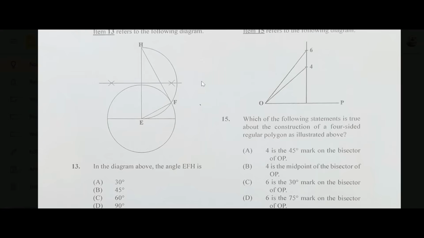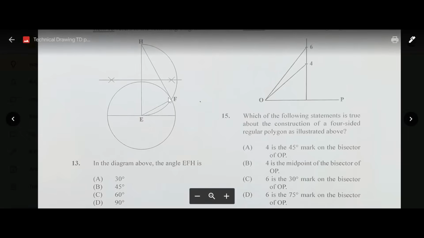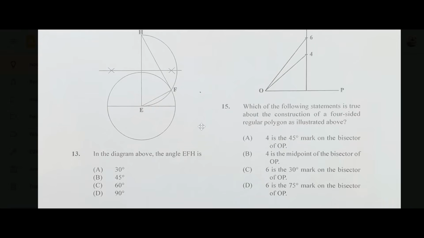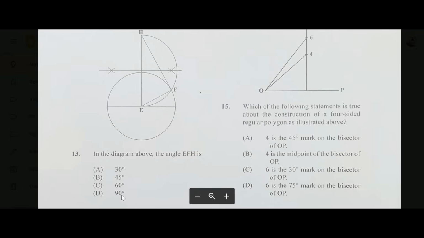Number 13. So we have a diagram above. And the question is the angle EFH. So we're looking for the angle at F. The angle EFH is what? Well, the angle EFH is 90 degrees. So the answer is D, 90 degrees. How do I know this?